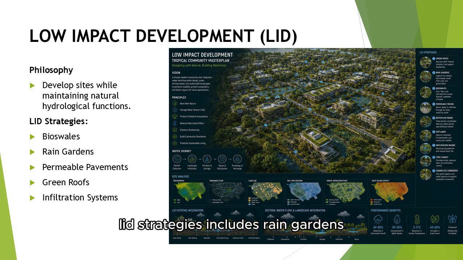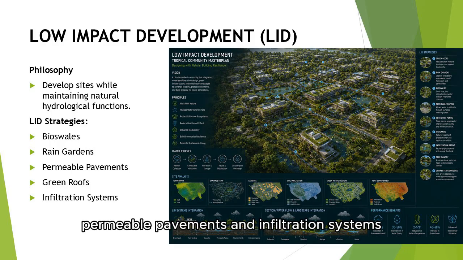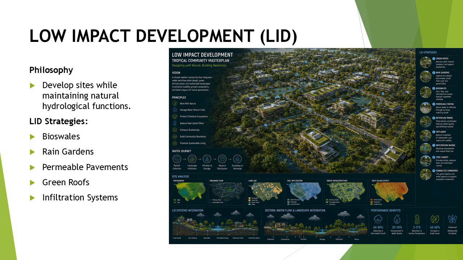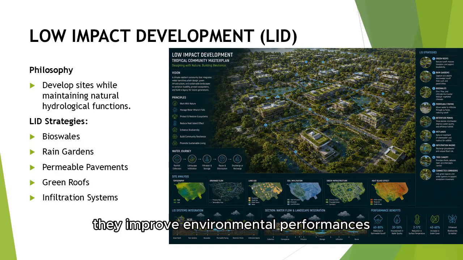LID strategies include rain gardens, bioswales, green roofs, permeable pavements, and infiltration systems. These interventions help maintain natural water cycles. They improve environmental performance while reducing infrastructure demands.